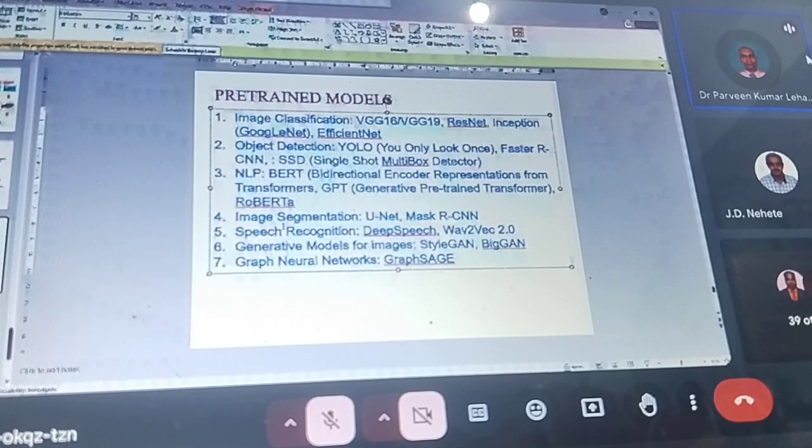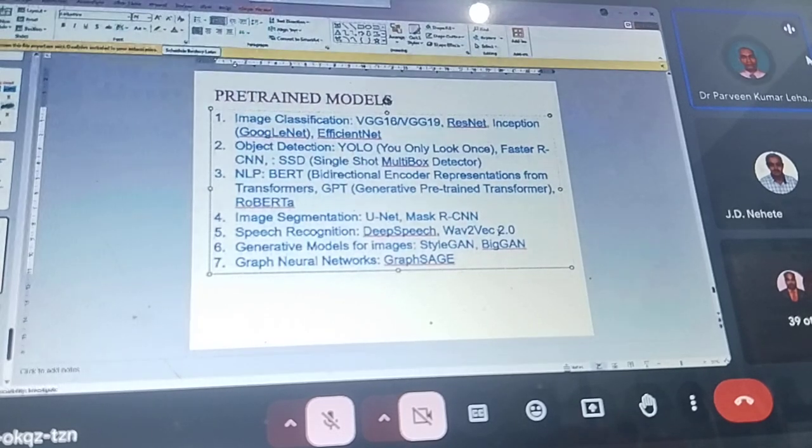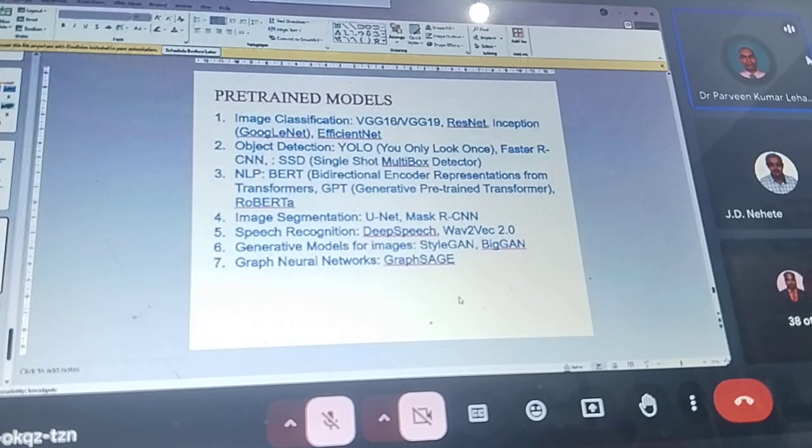Then for speech recognition, DeepSpeech and wav2vec are available, which are pre-trained. Then generative models for images, StyleGAN, BigGAN, and graph neural networks, GraphSAGE, etc. They are pre-trained models and they are available.